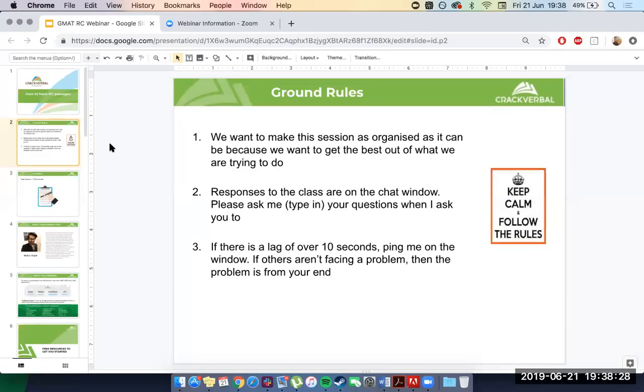How we'll be doing this is that at various intervals, I will stop what I'm saying, and attend to all of the questions that have come up in that time. I won't be stopping on the fly as much as possible, because that kind of breaks the rhythm for everyone in this session as well. So I'll stop at various intervals, and you can ask your questions in that time.